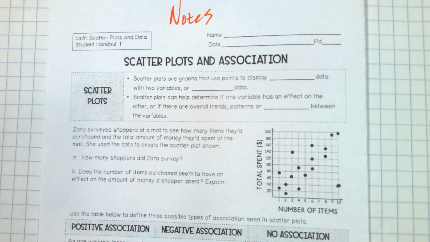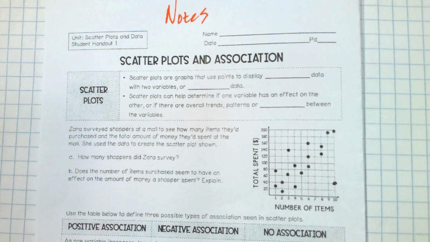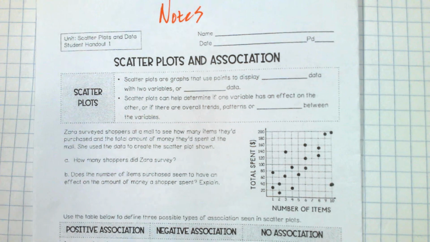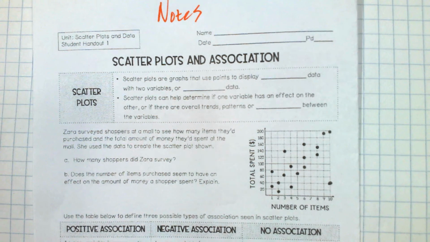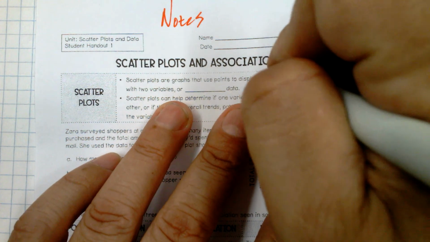All right, so let's talk about these scatter plots. Scatter plots are graphs that use points to display numeric data. So write the word numeric here.